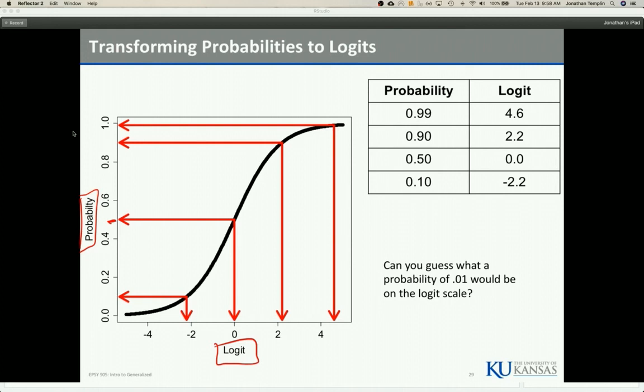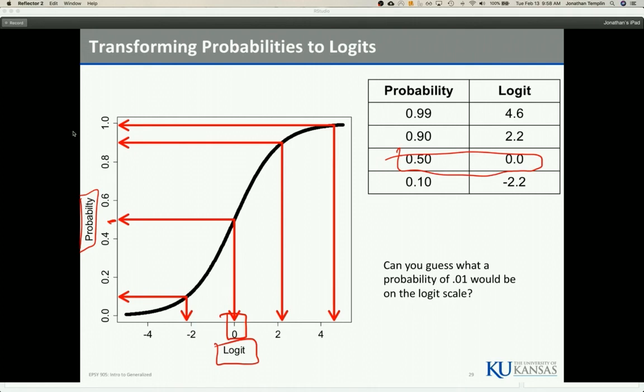So 0.5 over 1 minus 0.5 equals 0.5 over 0.5, which is equal to 1. The log of 1 is 0. So the logit of a 0.5 probability is 0. So whenever you see a predicted logit value of 0, you know there's a 50-50 chance the event occurred or will occur. It's a prediction that's completely uncertain.